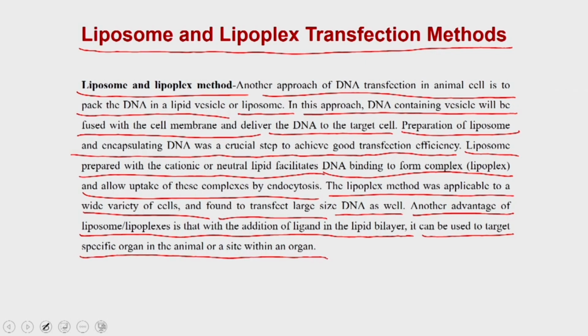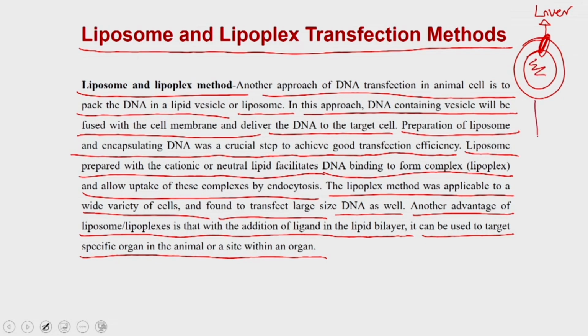Suppose you have prepared the liposomes and you add a ligand, which means you add an antigen which is for the liver, and you load this with the plasmids.